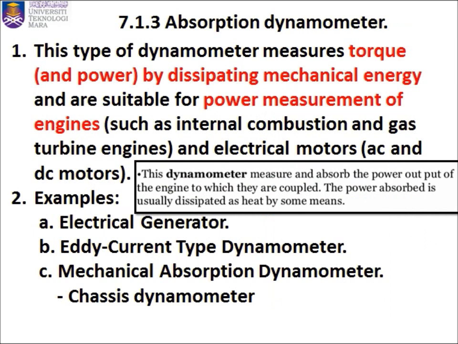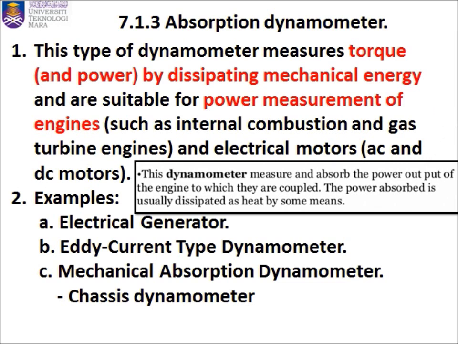Next is absorption dynamometer. This type of dynamometer measures torque and power by dissipating mechanical energy, and is suitable for power measurement of engines such as internal combustion and gas turbine engines, and electrical motors, AC and DC motors.